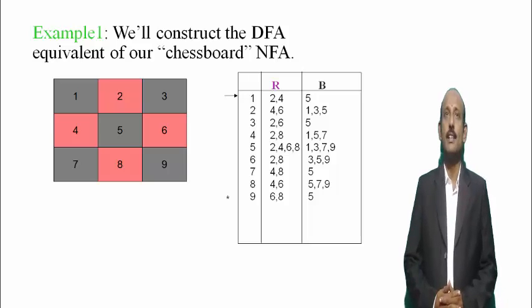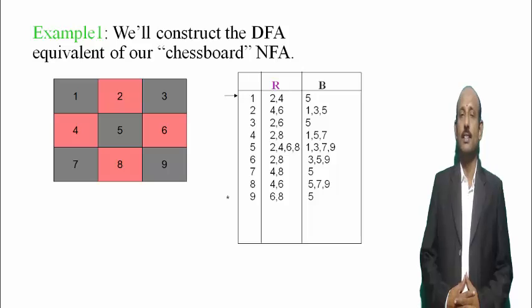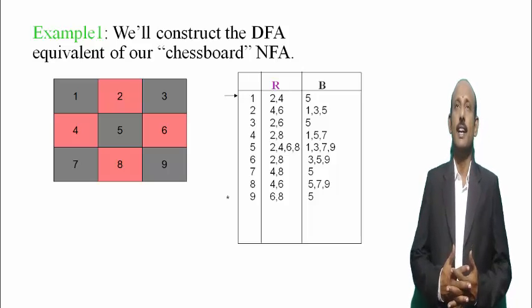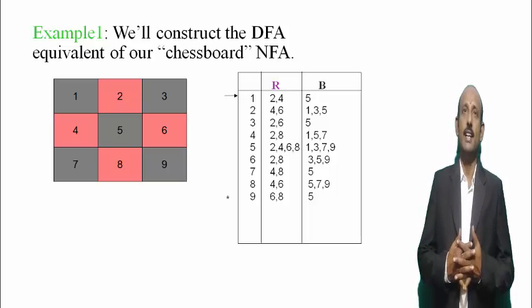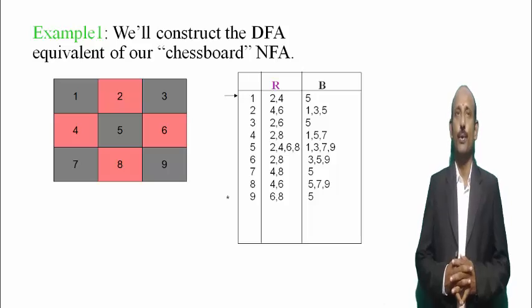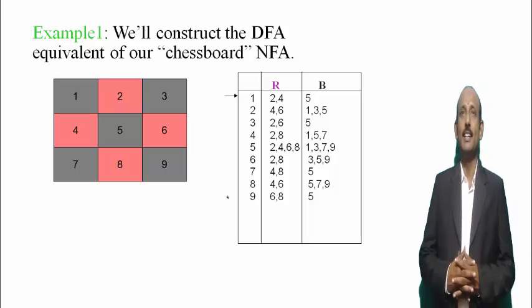We can take the adjacents of the red color in the transition table. The adjacent cells of cell 1 are 2 and 4, because 2 and 4 are immediately adjacent to cell 1, and they contain the red color.